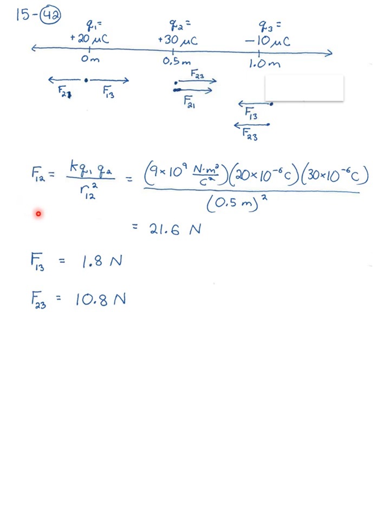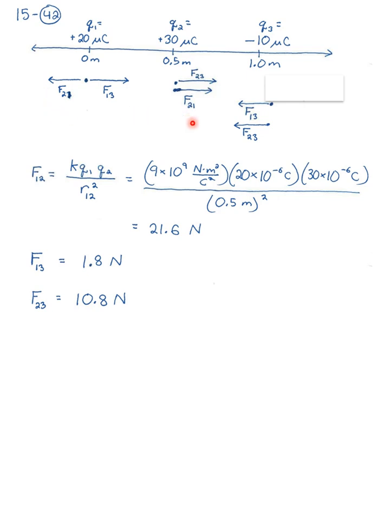The force between charge 1 and 2, as I've shown on the picture, is going to be pushing charge 1 to the left. Why? Well, charge 2 and charge 1 are both positive, so it's going to be repulsive. So the force of 2 acting on 1 is going to push 1 to the left.